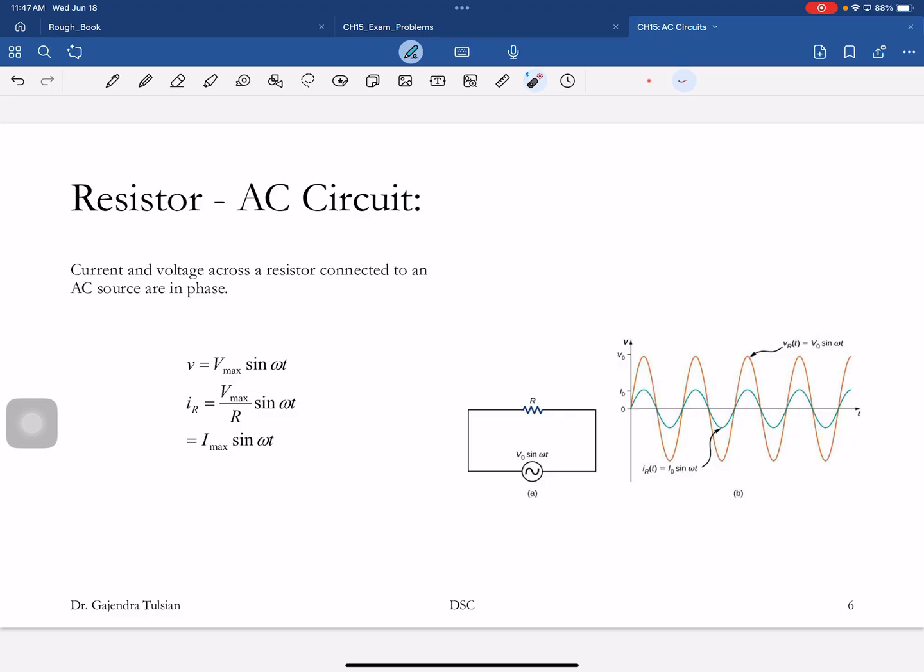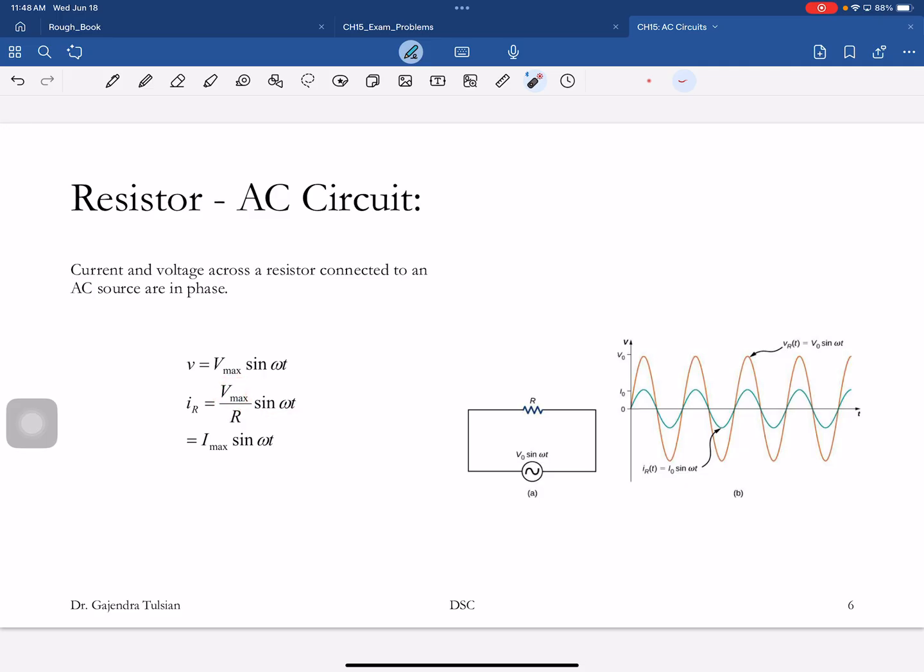All right, so there's the device we'll connect, and there's the voltage. For a resistor, the current responds immediately. So for the resistor, the current is simply V max over R sine omega t.